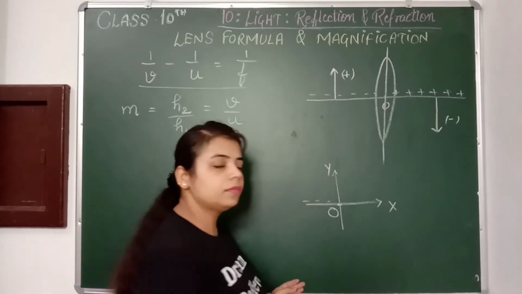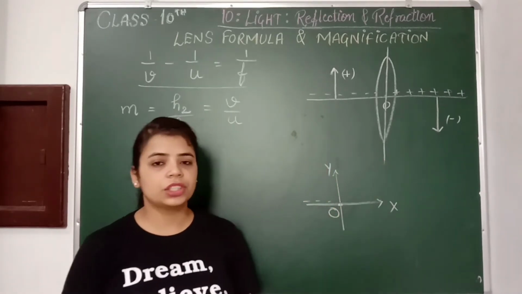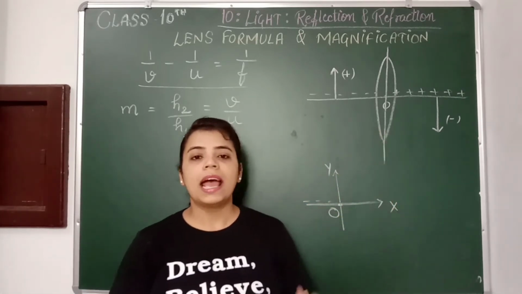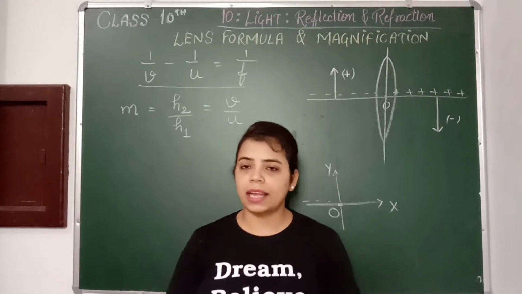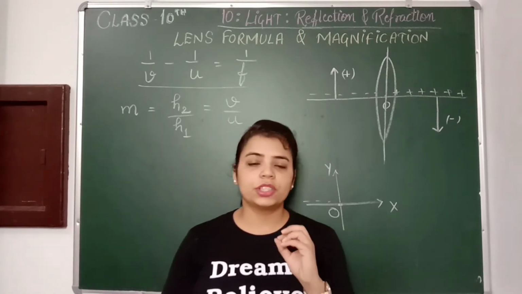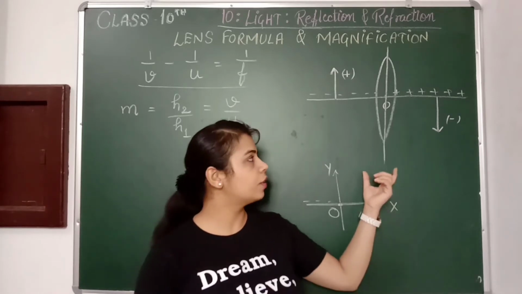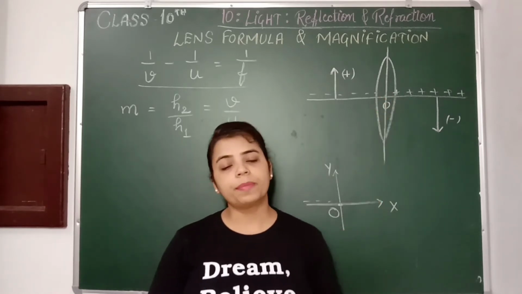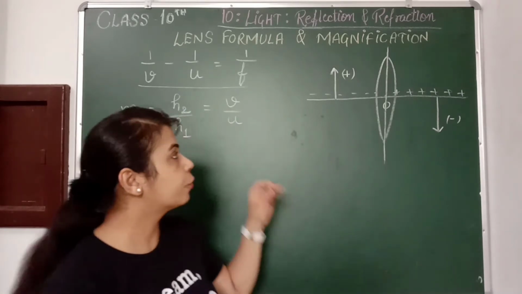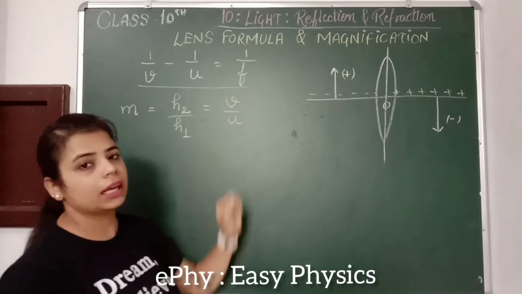So these are the sign conventions for lenses. It will be true for the concave lens too, and it is very similar to the sign conventions for mirrors. In mirrors we take the origin as the pole, and here we are taking the origin as the optical center of the lens.